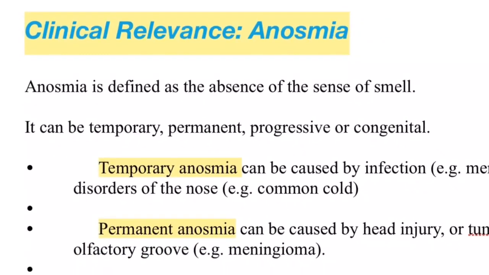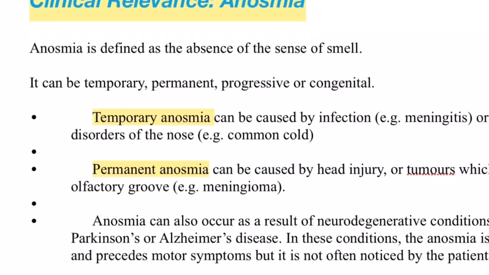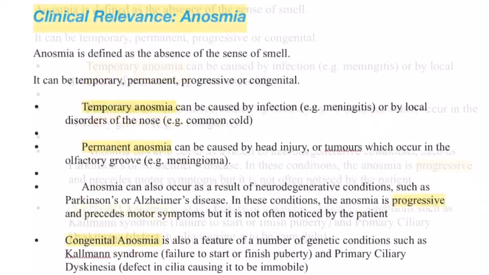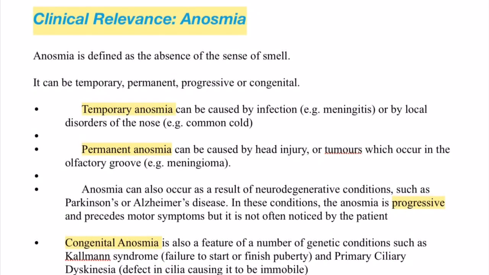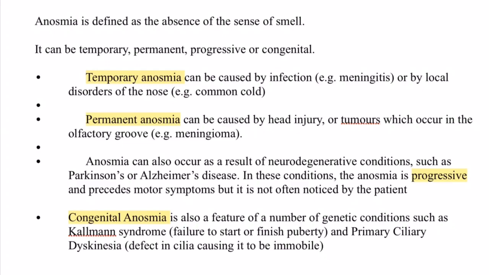Now let's talk about the clinical conditions related to the olfactory nerve. Here is a case of anosmia, which is a condition in which there is no sense of smell. It can be temporary, permanent, progressive, or congenital.